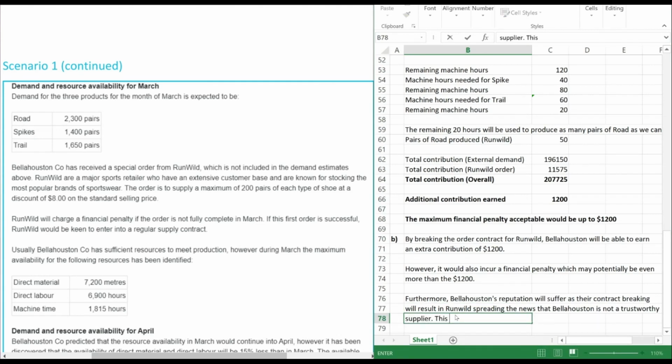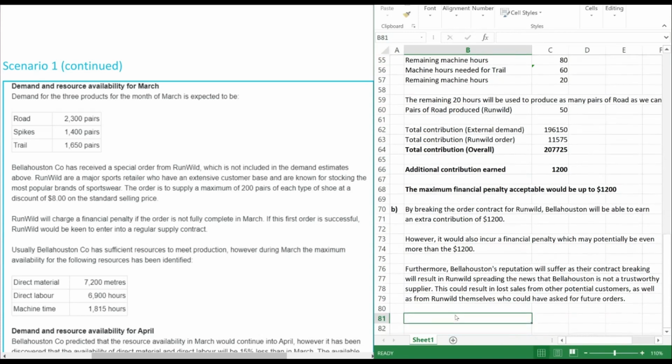This could result in lost sales from other potential customers, as well as from Runwild themselves, who could have asked for future orders.